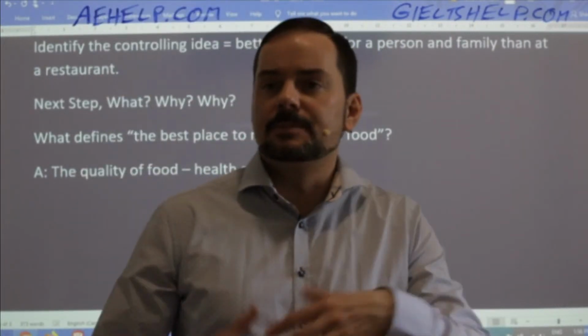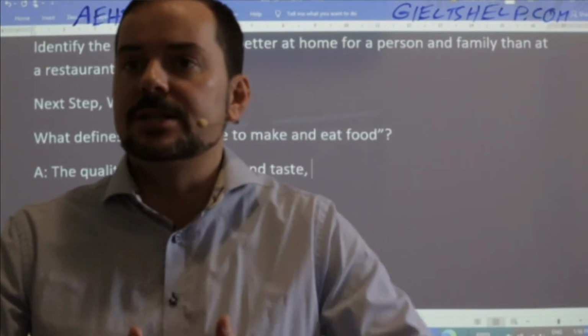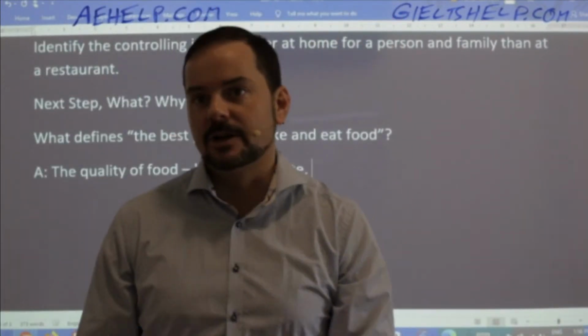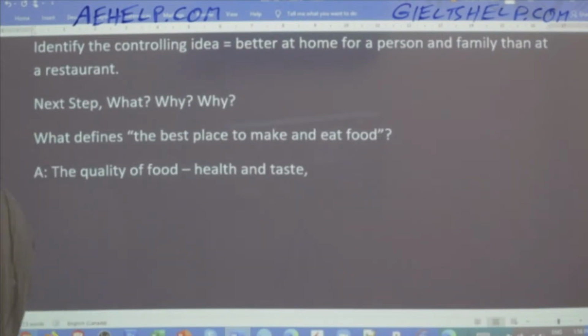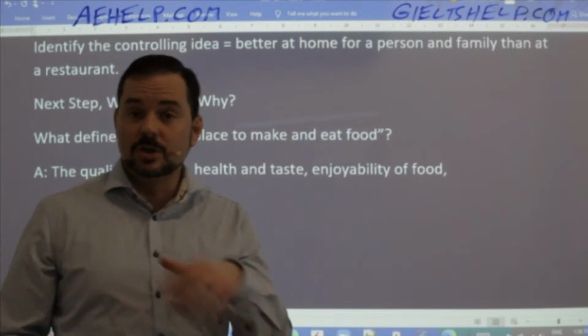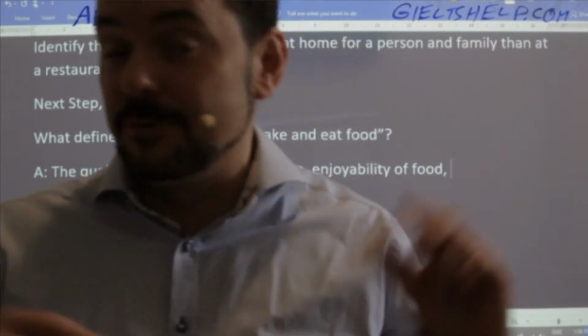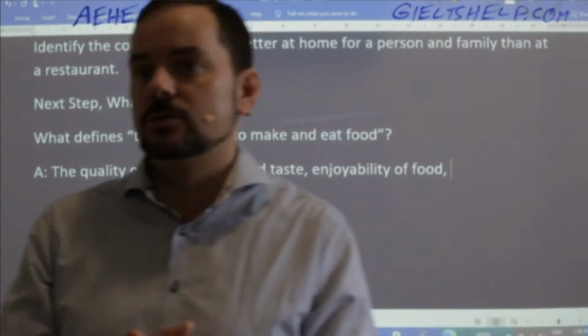Okay, Rajveer says a place where people have control of ingredients, the cooking process, and they enjoy the meal. I was looking for that, Rajveer. So that's another one that I would say is enjoyability. The enjoyability of food. So how much you can actually enjoy the food and the company, right? If we're thinking of the original question, the individual and the family.